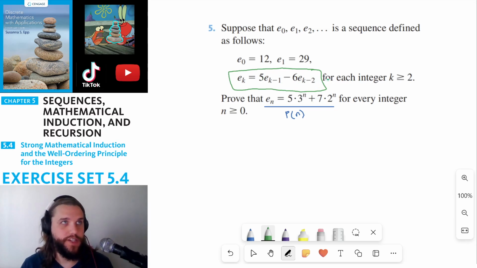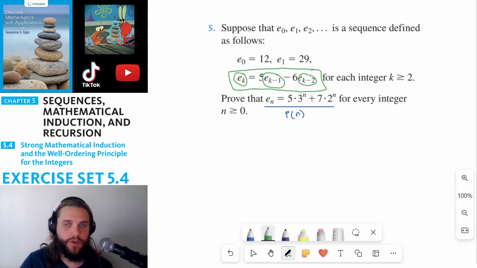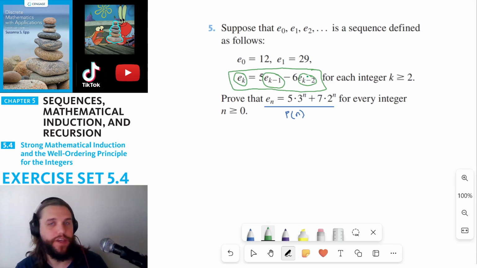If we want to use this in mathematical induction, then most likely we're going to need to not only prove two base cases, but also we're going to need strong mathematical induction rather than just normal mathematical induction. So let's talk about why. We will be utilizing this recurrence relation throughout the inductive step, and it says that each term, e sub k, is determined by the previous two terms, along with some math to combine them.